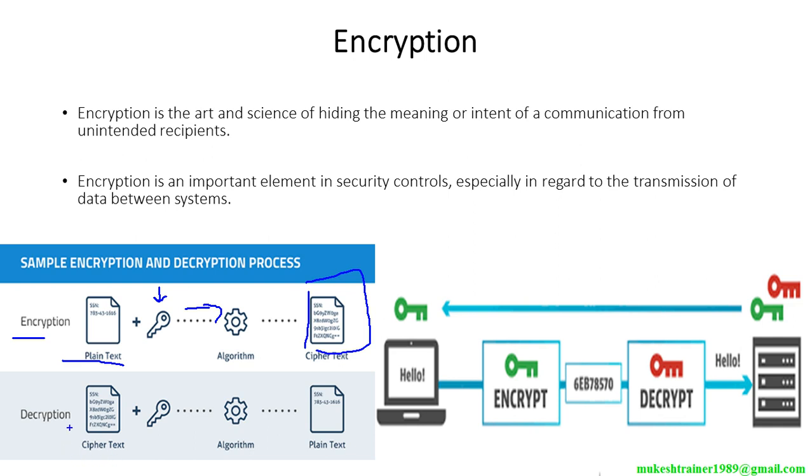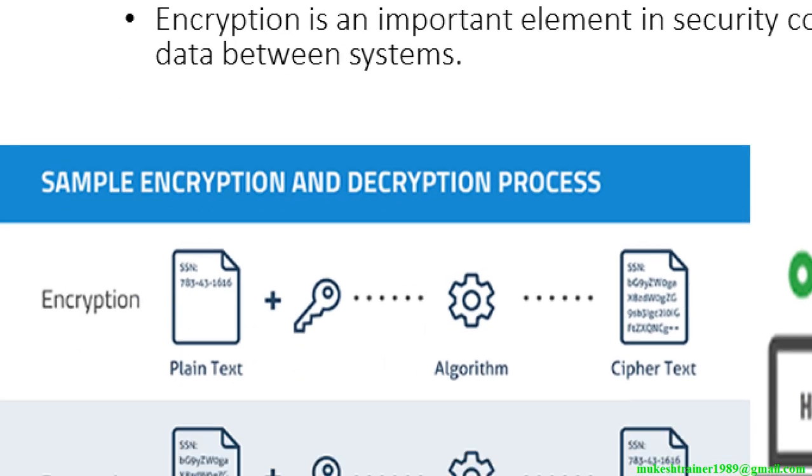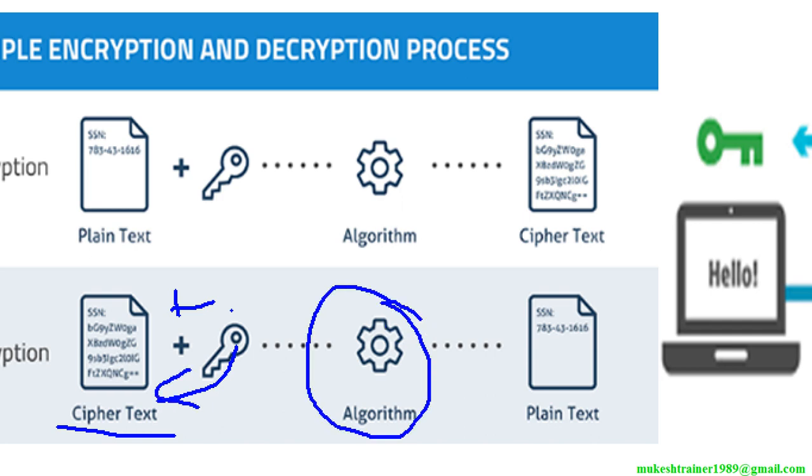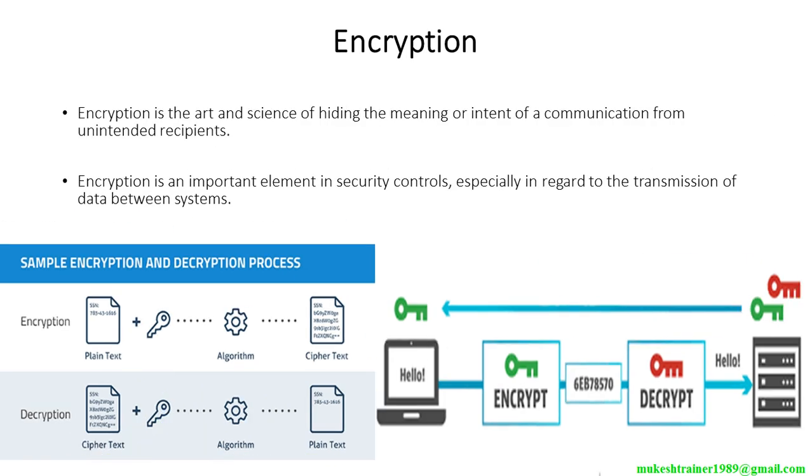The receiver receives the text, which is not plain text but cipher text. Here you can see this is the cipher text. He received the cipher text, and he has a key, so that key will help him decrypt it along with the algorithm, and then he can read the message. So that is all about it.